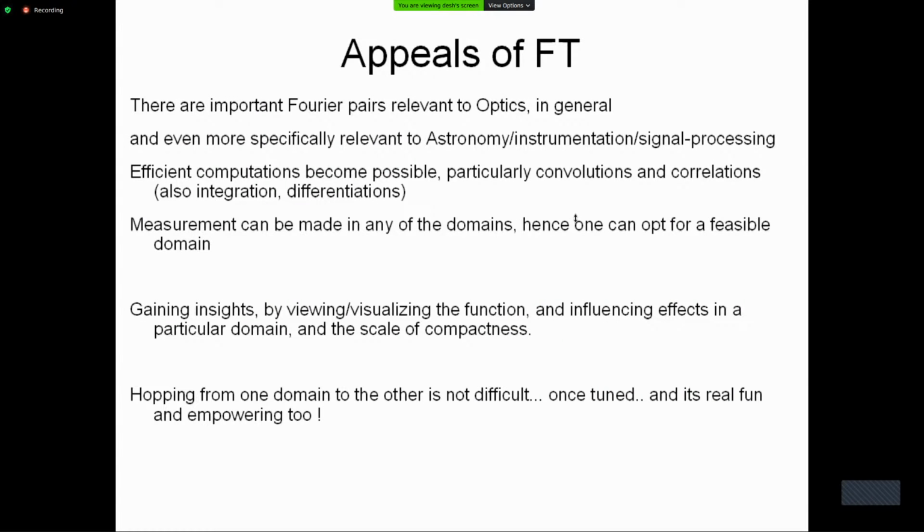Okay, so the appeals of the Fourier transform are plenty. There are many important Fourier pairs relevant to optics, as we ourselves have seen. For example, in the Young double slit experiment, the aperture distribution, which can be thought of as two boxy functions, has a Fourier transform which describes the fringe pattern. How is it?